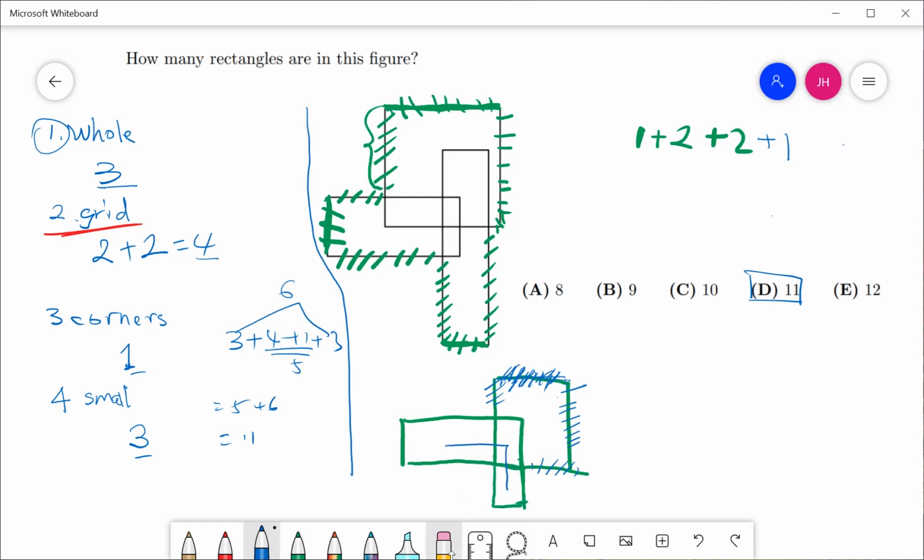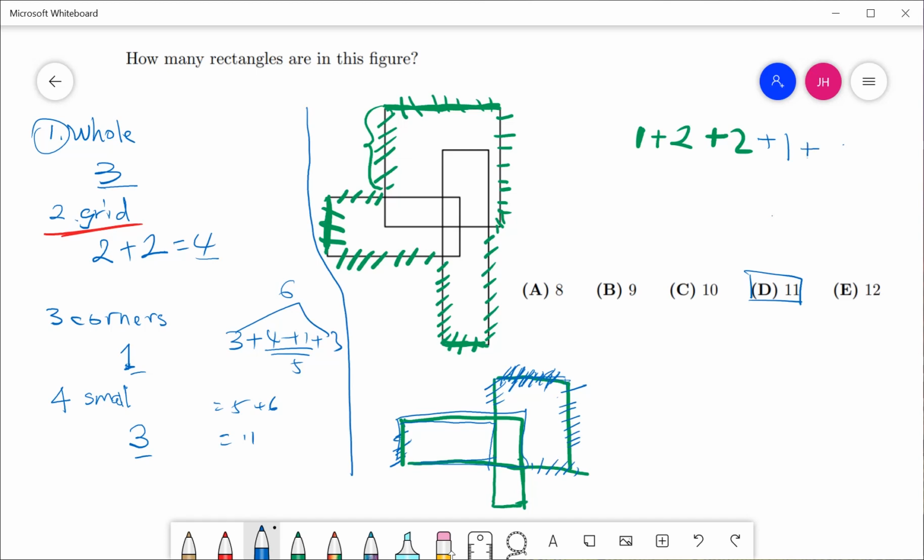Now which line is easier? That line is easier, right? So we have a rectangle of this and a rectangle all the way to here. These 2 rectangles have this line segment as a side.